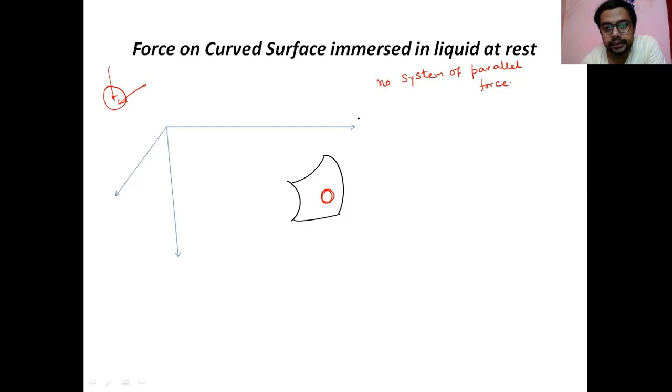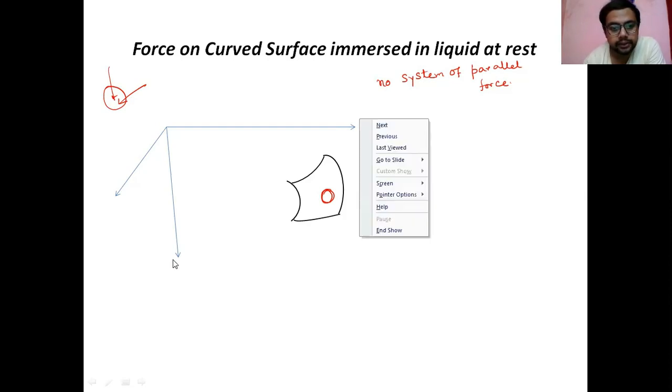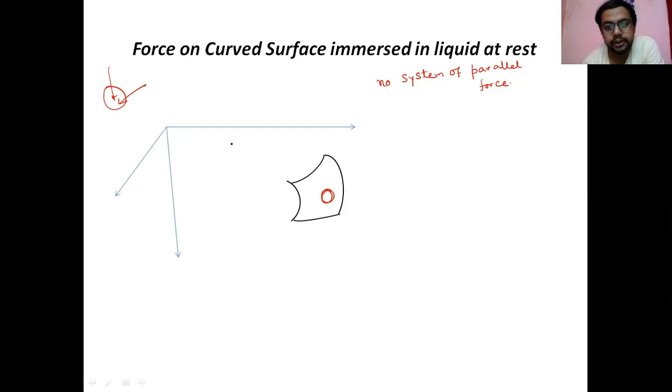Here you are taking the x, y, z axes. We have to find the x-axis, y-axis, z-axis. These three axes are here. Now we are going to take one small elemental area. This is the elemental area dA.